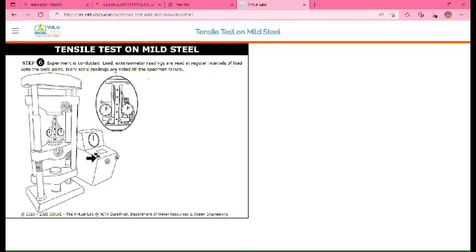Load and extensometer readings are read at regular intervals of load up to the yield point. Then scale readings are noted till the specimen failure.